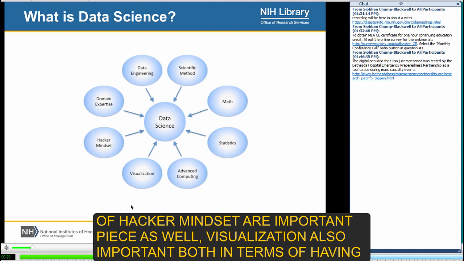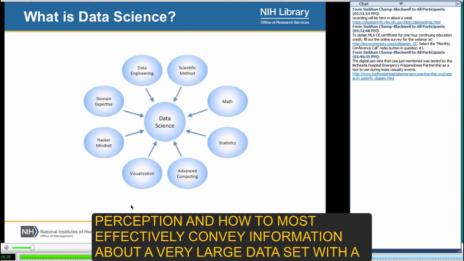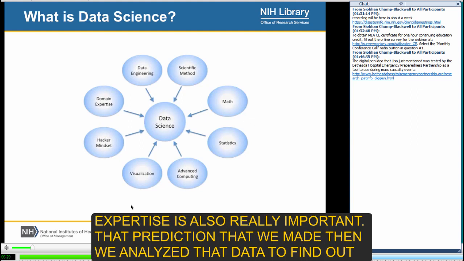Visualization is also important, both in terms of having the expertise to write the code to create visualizations, but also having an understanding of human visual perception and how to most effectively convey information about a very large data set with a visualization. And then finally, that domain expertise or subject matter expertise is also really important.